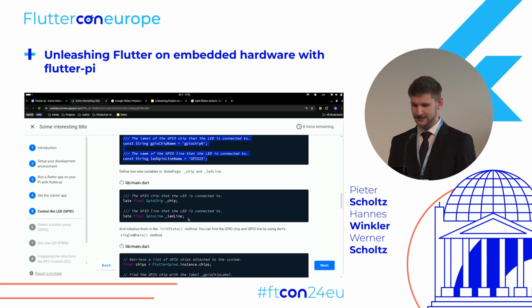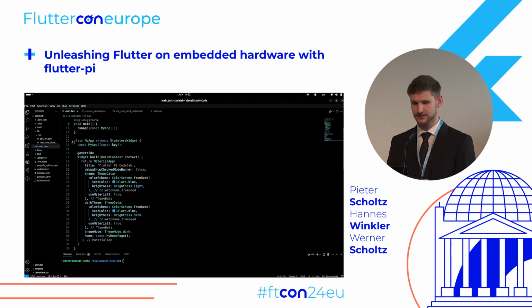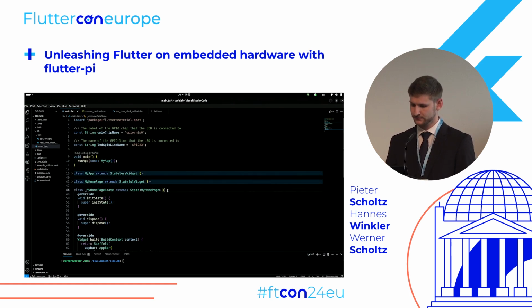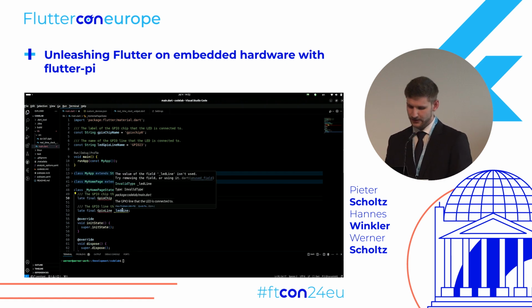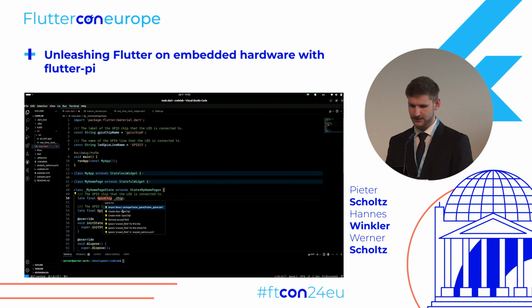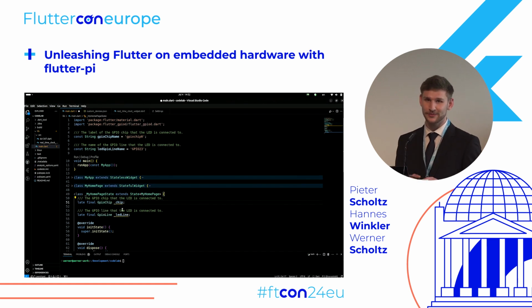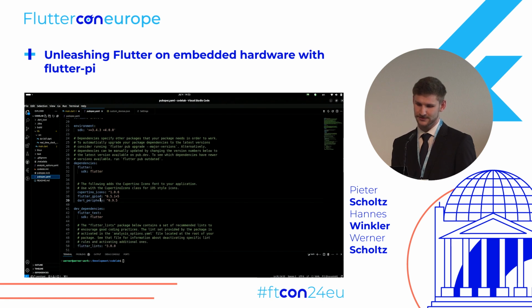Next, I have some variables I'm going to create in the stateful widget. That's called the GPIO chip, just a reference to that. And you need to add the library to your application from pub.dev. It's Flutter GPIOD. I've already done that, but you can just add it to your pubspec.yaml.